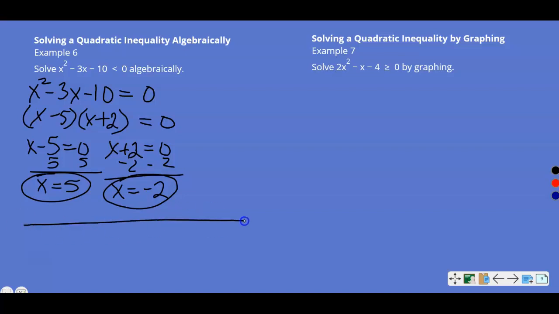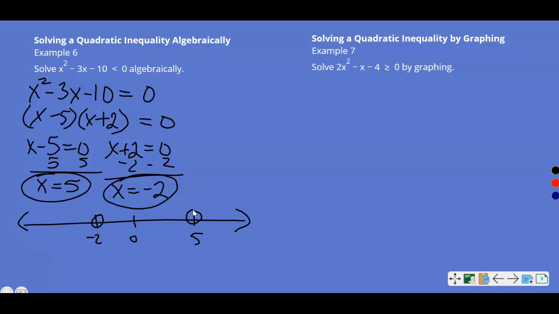All right, so we're going to use a number line to represent our solution set because we're looking for all x's that we can plug in here that make this quadratic inequality less than 0. All right, so if we have these critical values, we can say here's 0, here's -2, and here's 5. So because this is less than, we're going to use open circles because these points are not included.